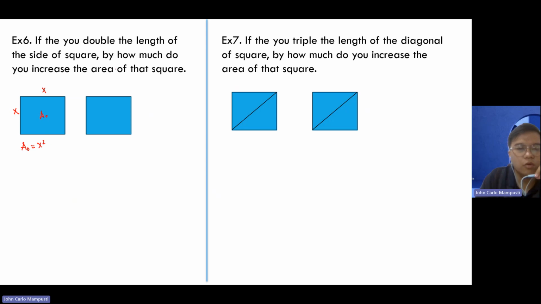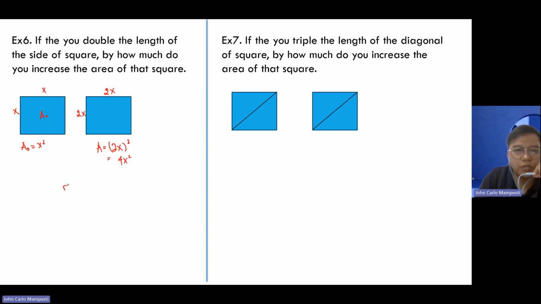Now, if we double the length of the side, this is now 2x, because we doubled it. So the area is now equal to (2x) squared. Therefore, this is equal to 4x squared.